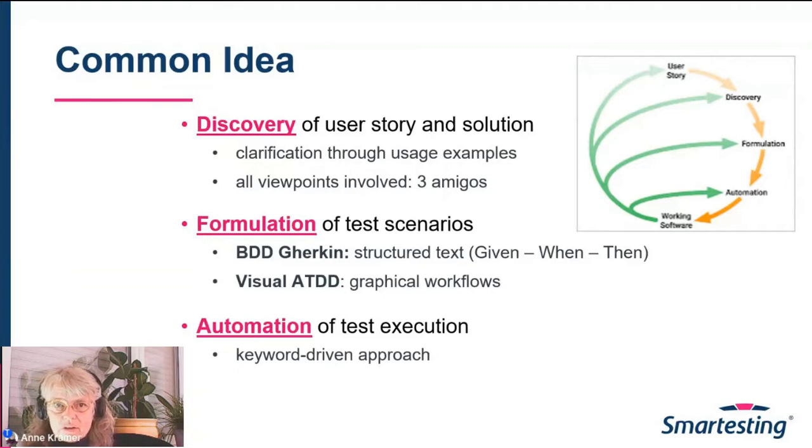Also, this collaboration part is similar. So the discovery is done either on the BDD scenarios or on the visual workflows and the decision tables, and it involves all the important roles. The three amigos: product owner, the developers, and the testers.